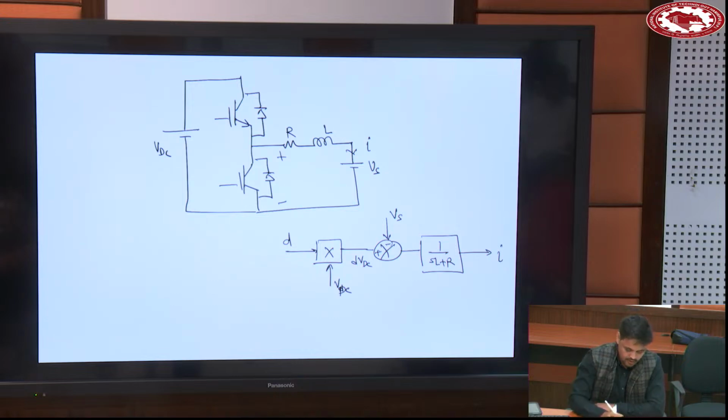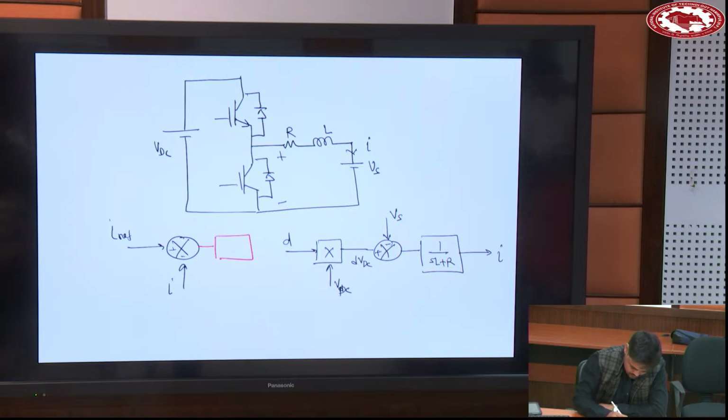So by controlling D you can control I. This is the control model shown in the morning lecture. Now you want to control I, so what will you do? I reference, then this actual I, you will put one compensator, and this will give the duty ratio.